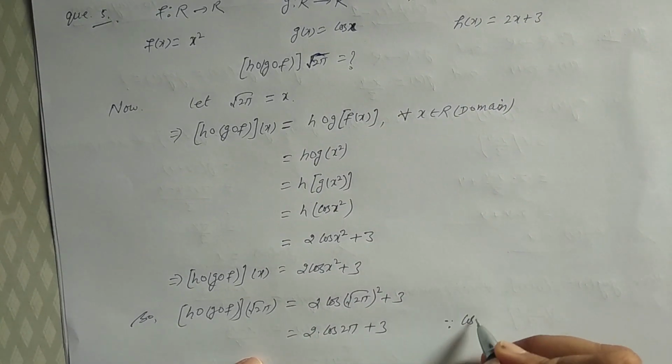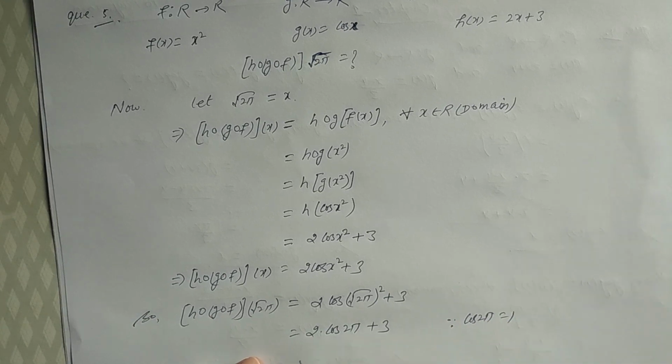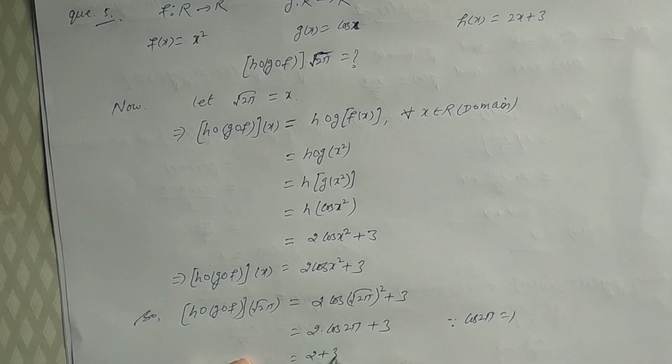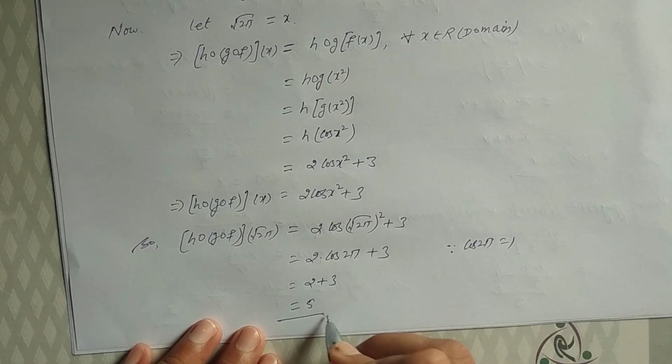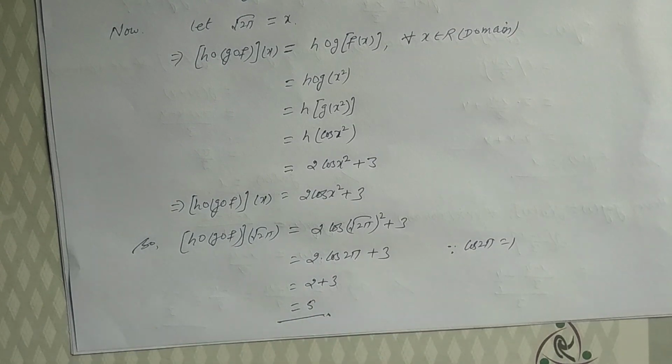That is, cos 2 pi is equal to 1 and 2 plus 3 is equal to 5. That is the answer. Next question, question 7.